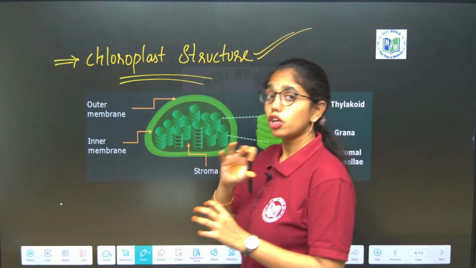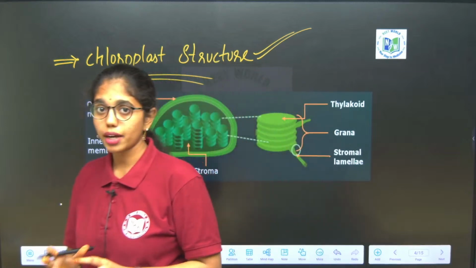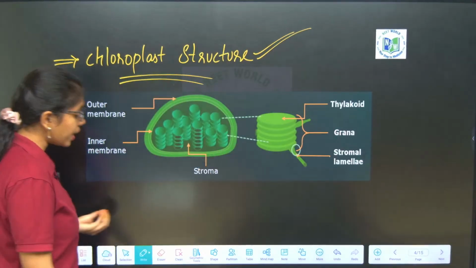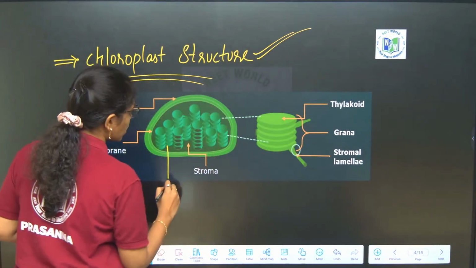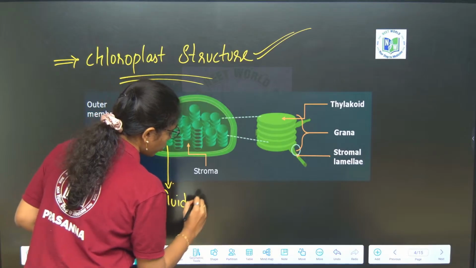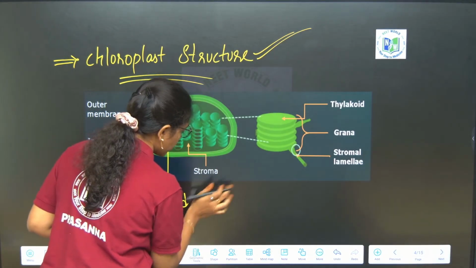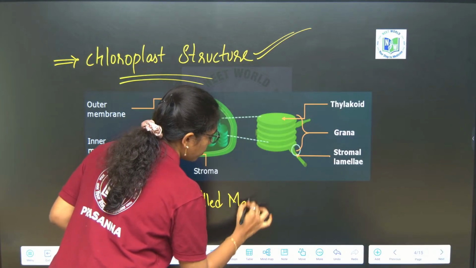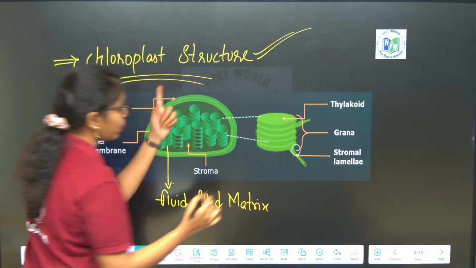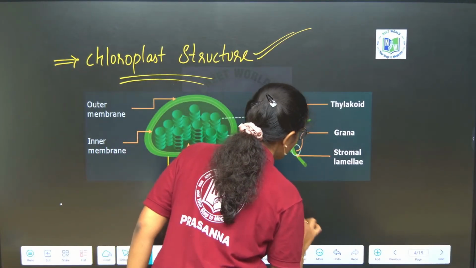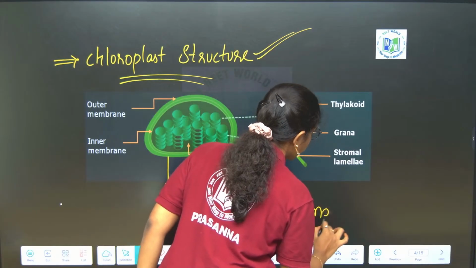So we know that chloroplast is a double membrane bound organelle. It has an outer membrane and an inner membrane, and the fluid filled matrix inside this chloroplast is called the stroma.